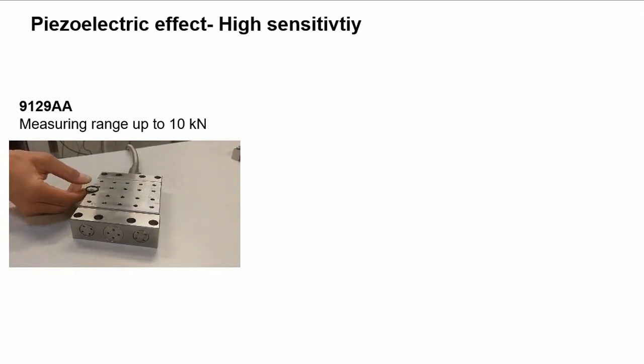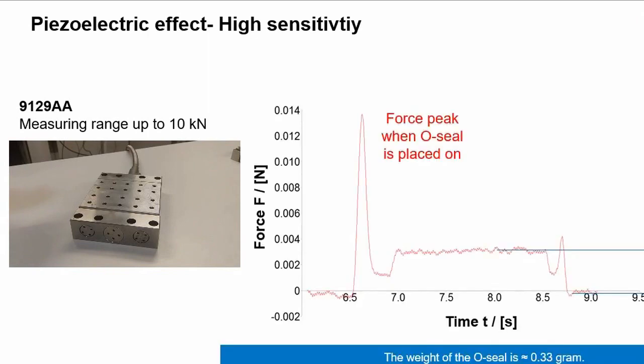Okay, so if you see the graph, once the O-ring has been placed, you see that the dynamometer is capable of recognizing this mass, which corresponds to, I think, 0.0032 newtons. Even though the maximum range is 10 kilonewtons, the piezoelectric dynamometers are sensitive enough to capture such small weights.